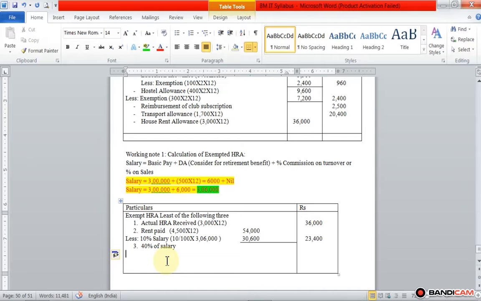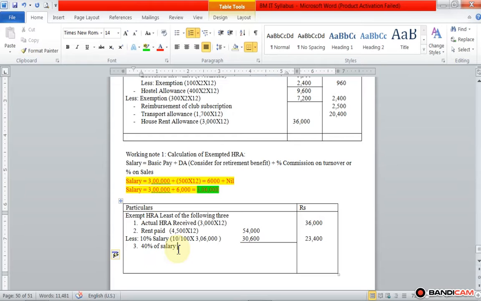If the assessee works in a city other than metro cities, a small city, then 40% of salary. And if the assessee works in a metro city like Mumbai, Chennai, Kolkata, Delhi, then we take 50% of salary. Here Mrs. Jamdade works in Pune city, other than a metro city.